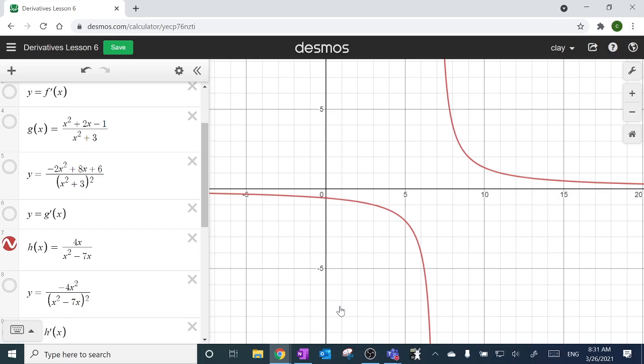So I don't think the slope will exist at 7. Is there any points where I would cross the x-axis with my derivative? Do you see any points where the tangent would be 0? No, people are shaking their heads no, and that's right, because I don't see any points where I would have a horizontal tangent that would touch this graph.